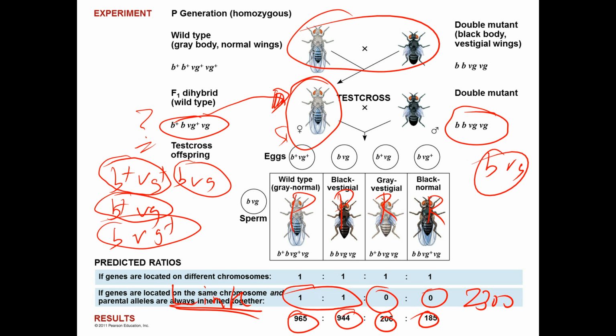So a very small percentage of recombination. Even though two genes are linked, it does not mean that recombination cannot happen. It's just that depending upon how close they are, it may be a very small percentage.